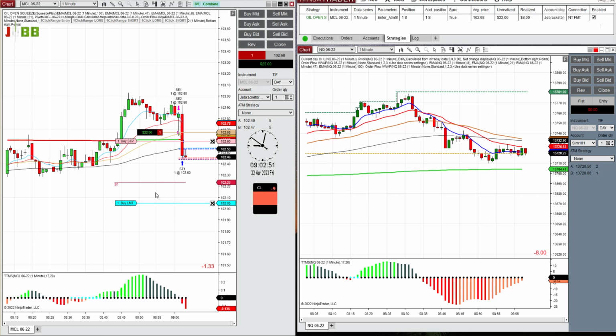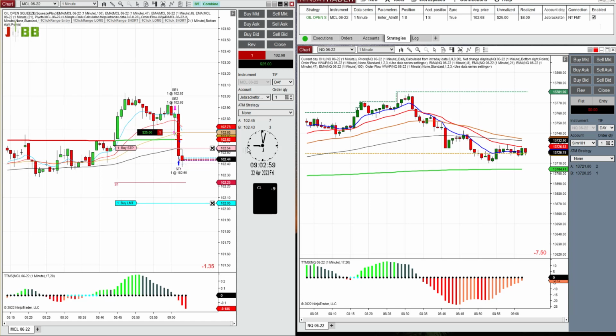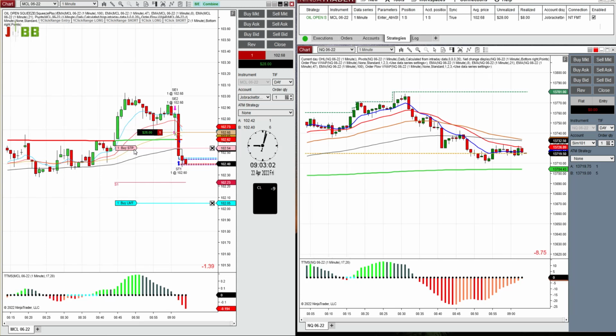Calvin, you waited for the second signal. Going to the top of the candle with my trail, going to the top of the next candle with my trail. Brian, I don't have the high of day. I don't agree.